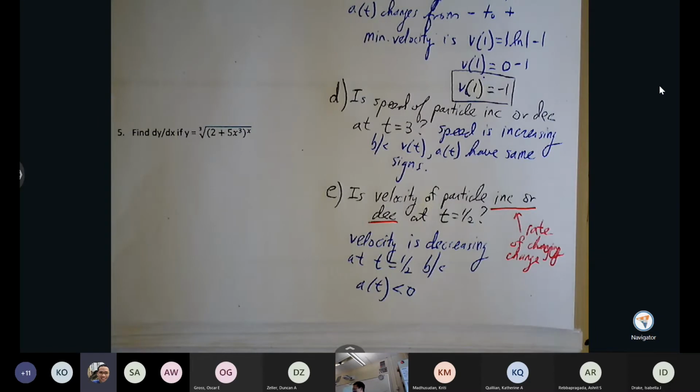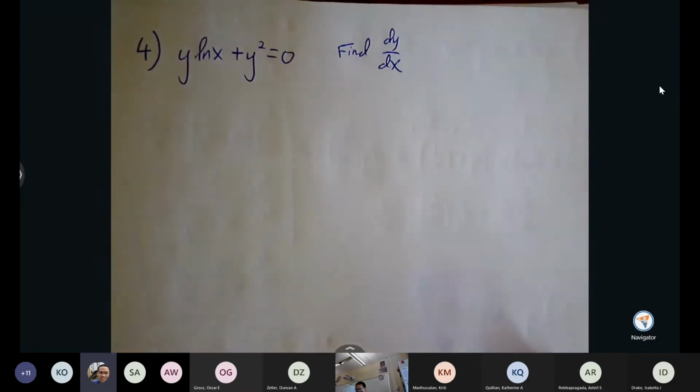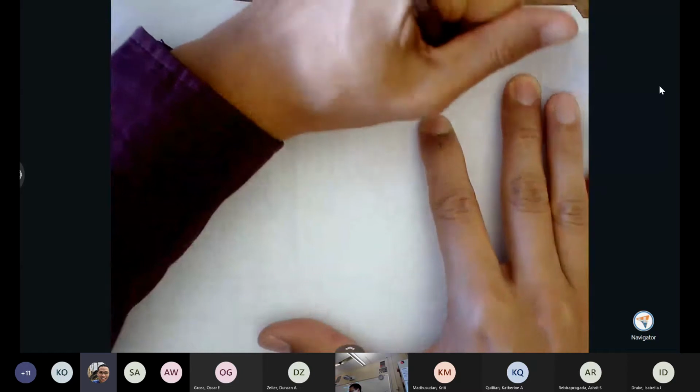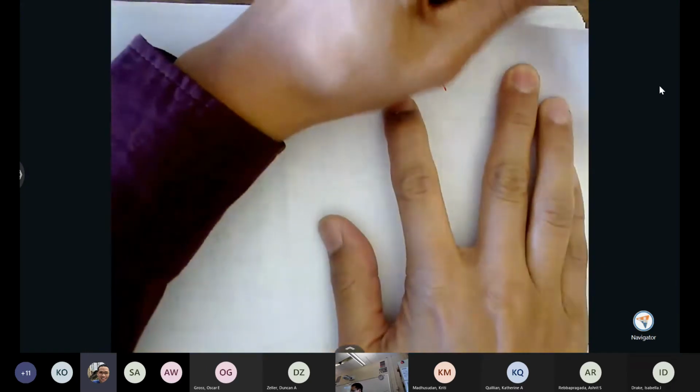Okay, here's number 4. We want to find the derivative. Two things. Can you guys point out what specifically we have to involve here as we find the derivative? Good. Product rule. Okay. And implicit.